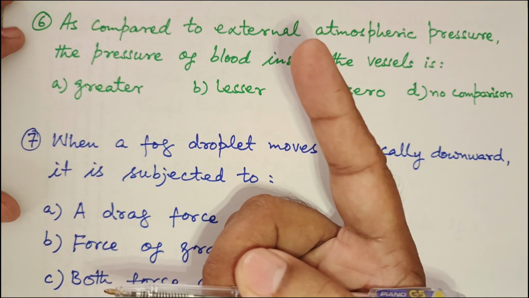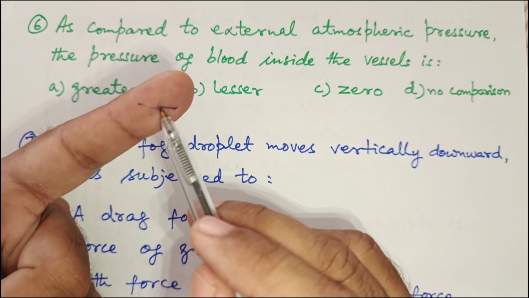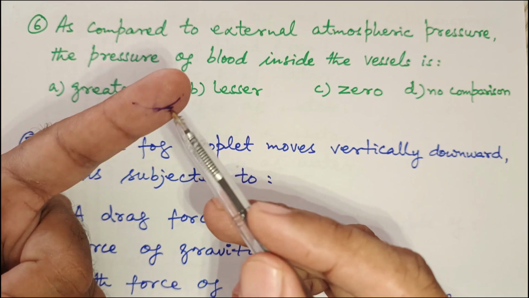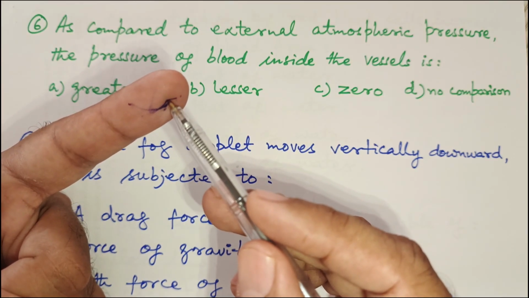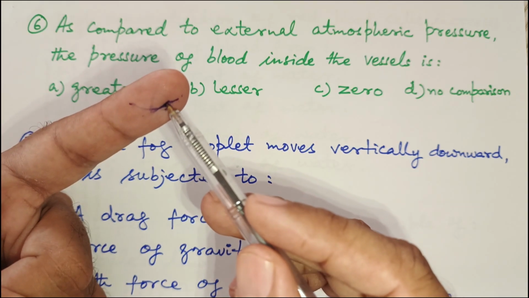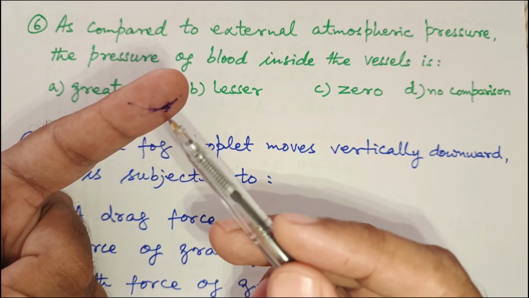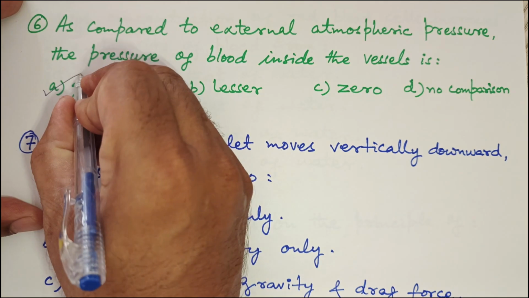If you get a cut on your finger, then what will happen? The blood will come out. Which means the liquid always flows from the high pressure to the low pressure area. This proves that the inner pressure is greater and the outer pressure is less. So the option is greater.